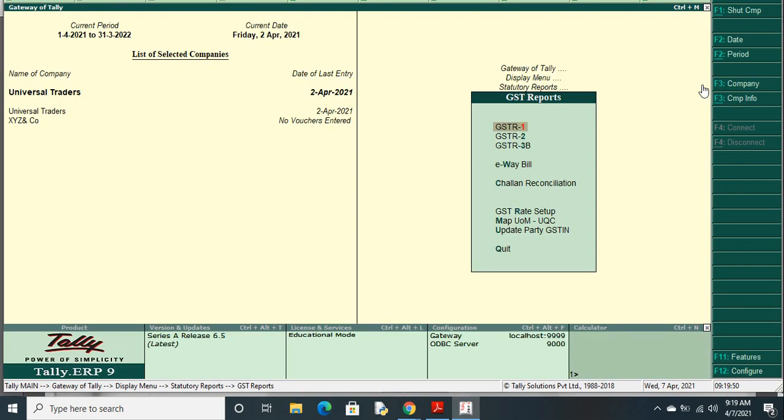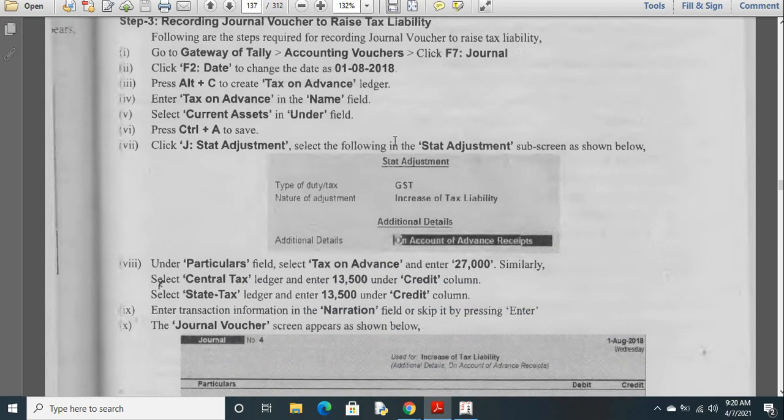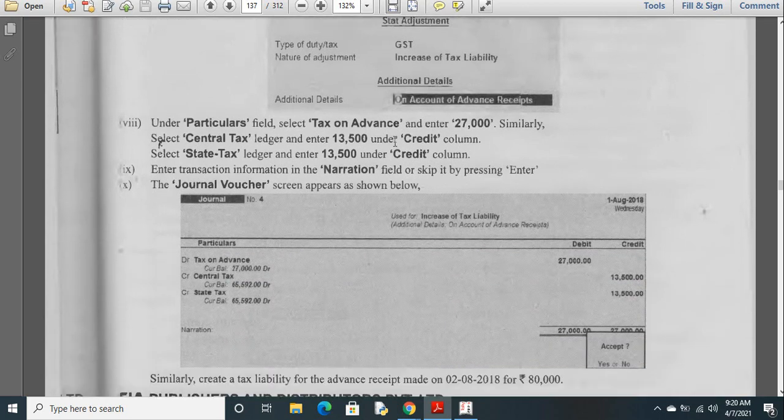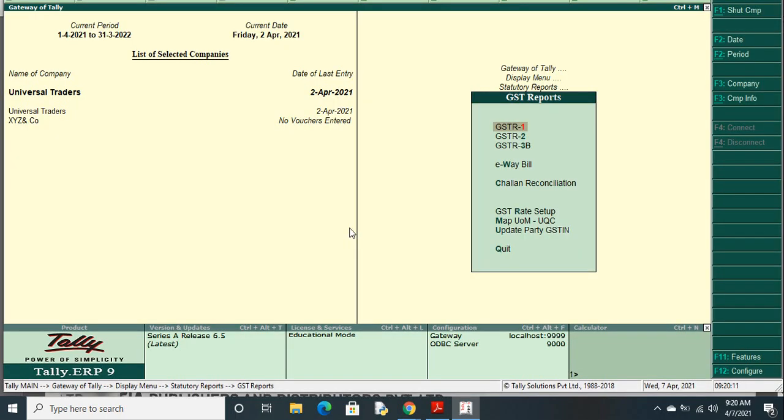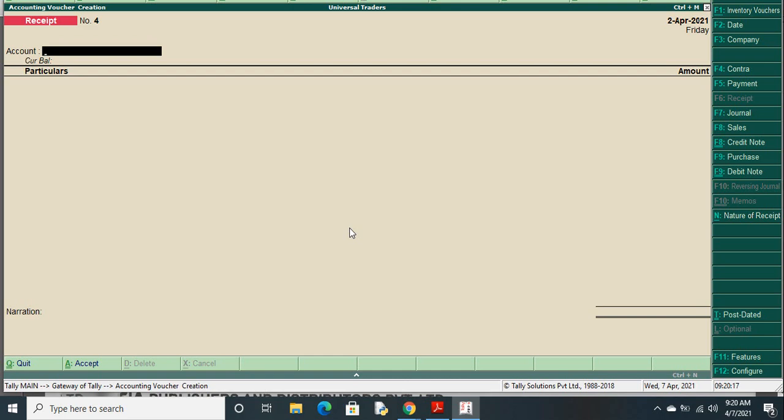After this, we have to go with a journal voucher to raise the tax liability. We have to pay the tax, whatever the amount. Total 27,000 we have to pay, which is already included in the advance, so you have to extract it. For that, go to journal voucher, F7.